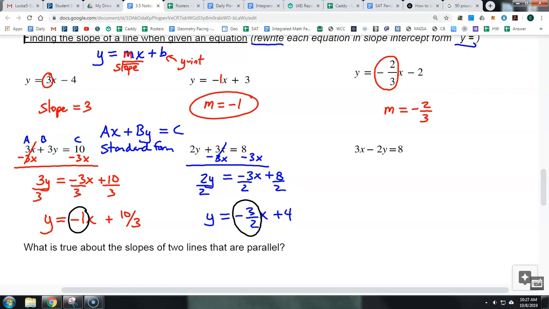And I'll do one more here. So on the last one, I move the x to the other side. I slide this negative 2y down. And then I divide both sides by a negative 2. And my new equation is y equals, a negative divided by a negative is just a positive.